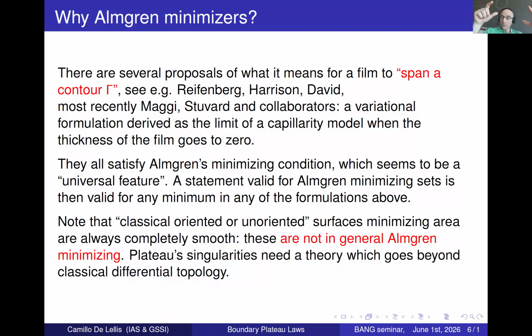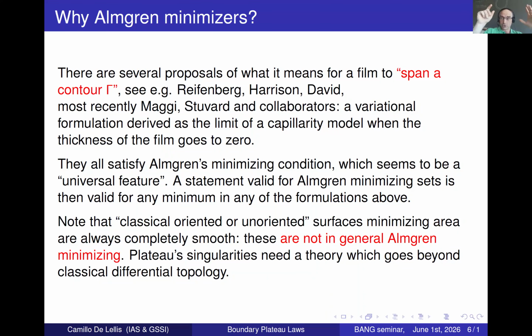The reason why we're not doing that is because there are very powerful theorems dating back to De Giorgi, and for boundary regularity to Hardt and Simon and to Allard, that if you do this with classical oriented surfaces or unoriented surfaces, you actually find minimizers which are completely smooth. So you will not see the second and third geometric models predicted by the Plateau laws if you actually minimize among oriented classical surfaces or unoriented classical surfaces.